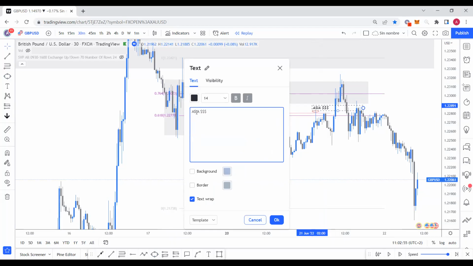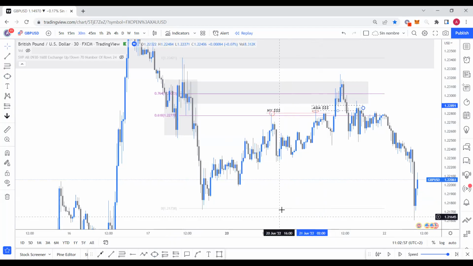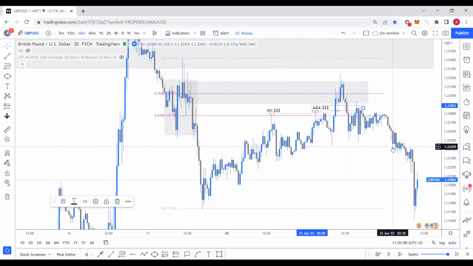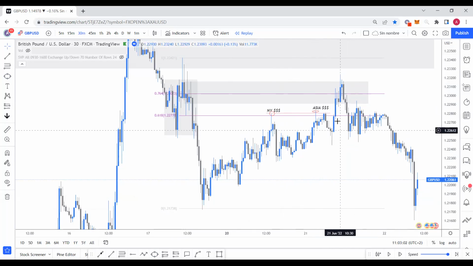This was the same setup as yesterday's liquidity grab, the one that gave us 60 pips, just that then the news came out and they took price in the complete opposite direction. But thankfully, we took two take profits.